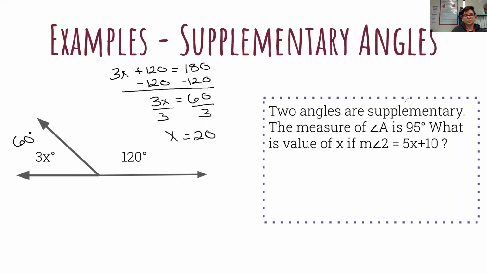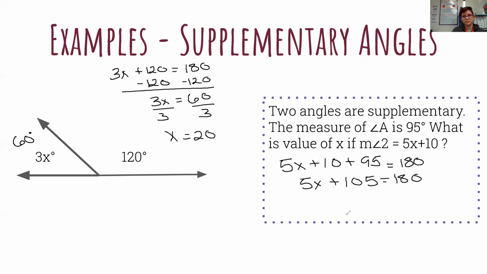Our last example, two angles are supplementary, so then we know when we add them, they equal 180. So the measure of angle A is 95. What is the value of x? And if the measure of angle 2 is 5x plus 10, plus 95. So we're going to combine like terms. So 5x plus 105 equals 180.